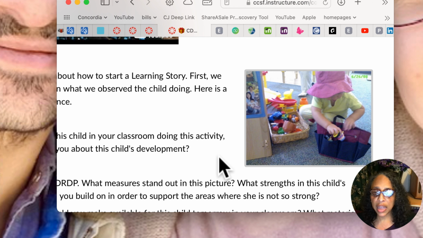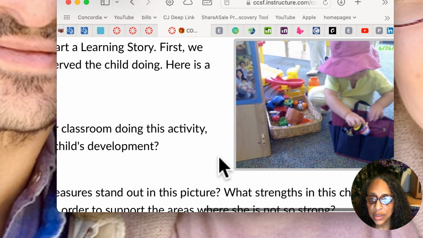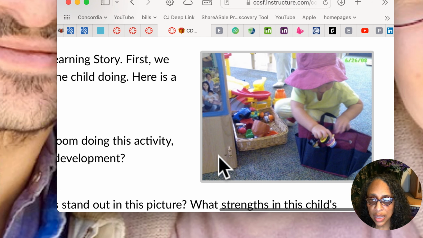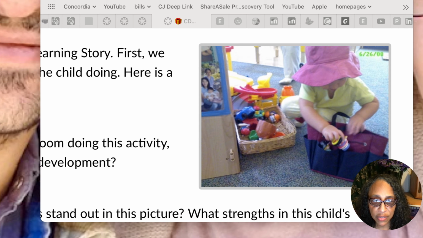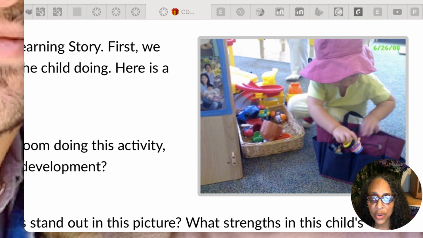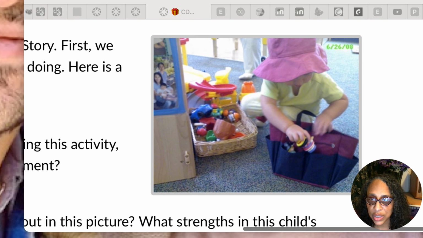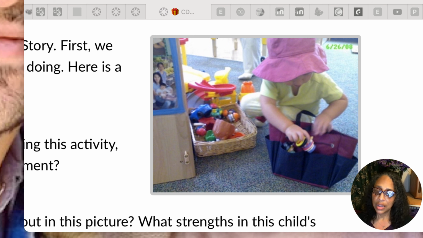I pick an everyday photo on purpose. So when you're writing learning stories, they don't have to be about the volcano, right? You don't have to have a fancy curriculum, just everyday things that children do. So she's got a dress-up hat on, and she's filling up the bag.